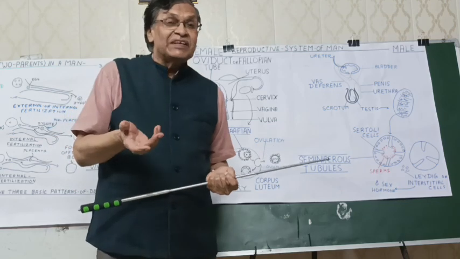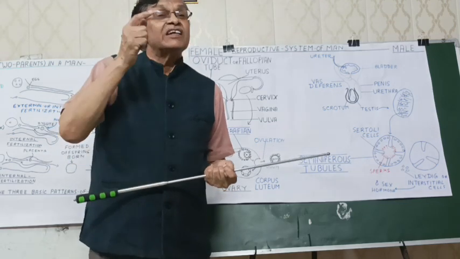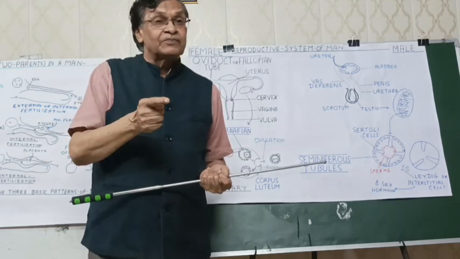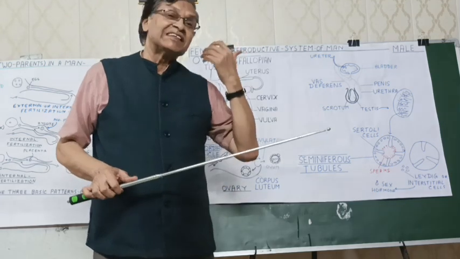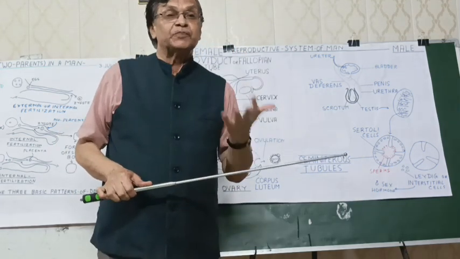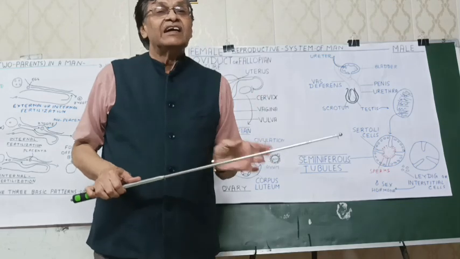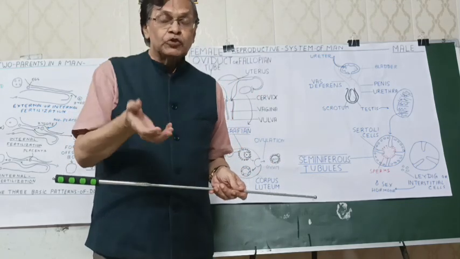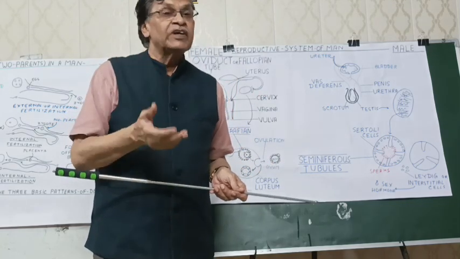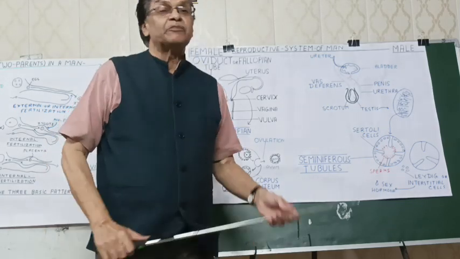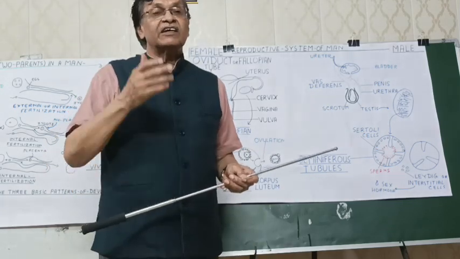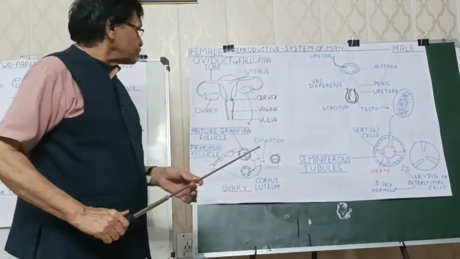But that acidic medium can kill sperm and ova. So some system should be there so that before the acidic medium destroys the sperm and egg, they can fuse with each other to form a zygote, and then further development takes place. So accordingly, the reproductive organs are constructed on this plan.